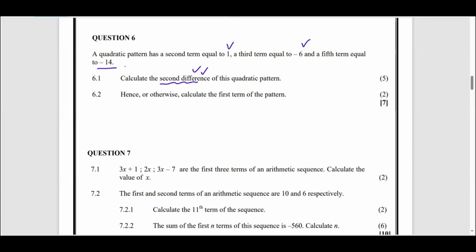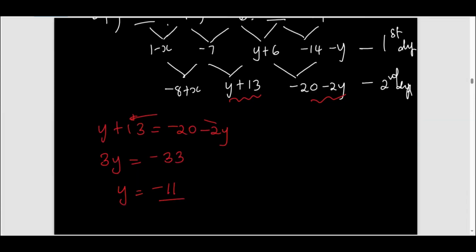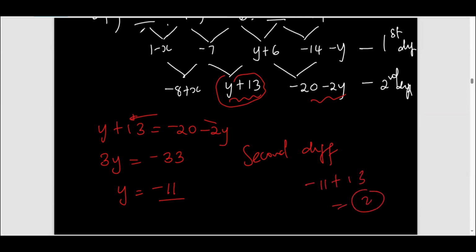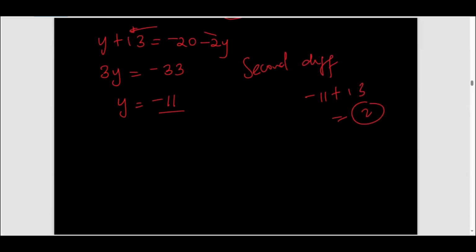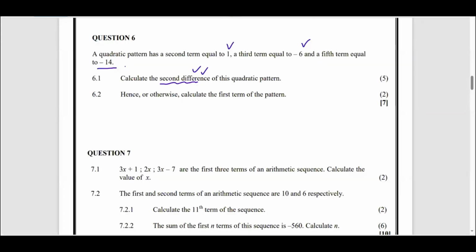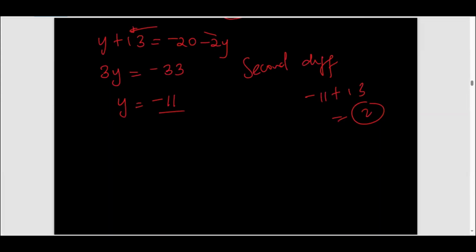Calculate the second difference. So since y is -11, our second difference is just this whole thing. So it's -11 plus 13, which is a 2. Okay, so that's what the question wanted. Then 6.2, hence calculate the first term. Remember we said our first term is x.